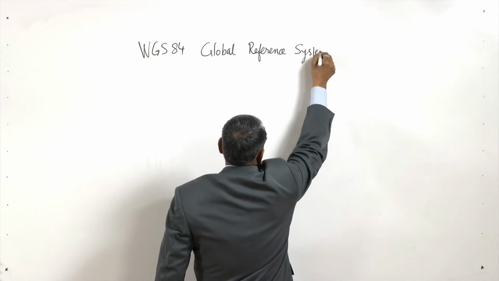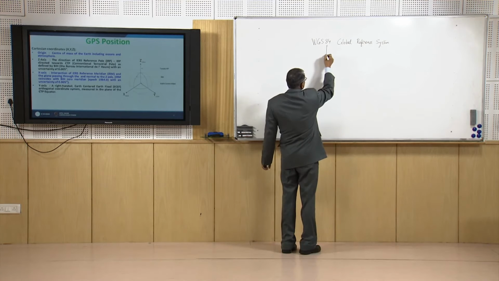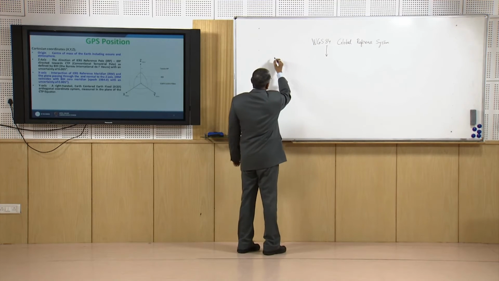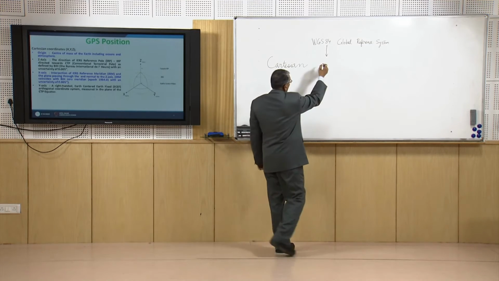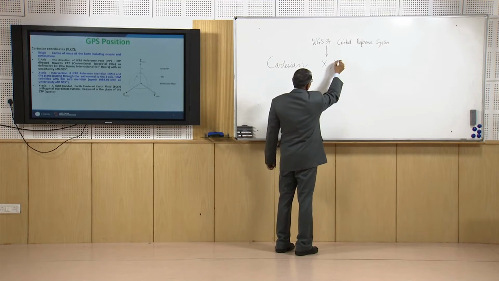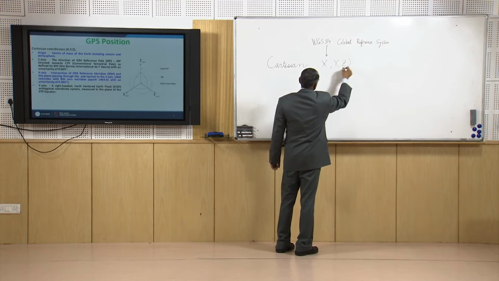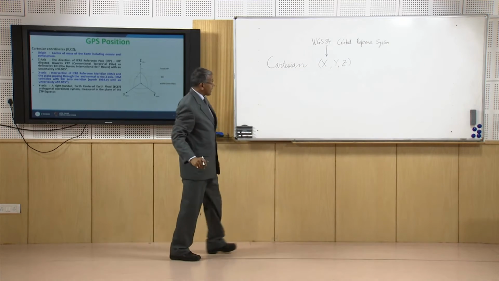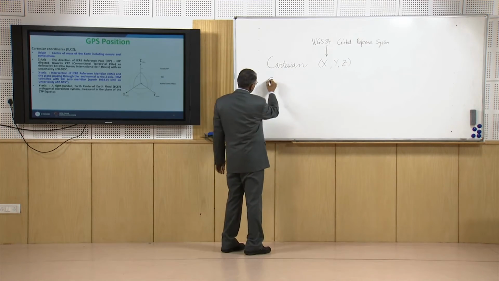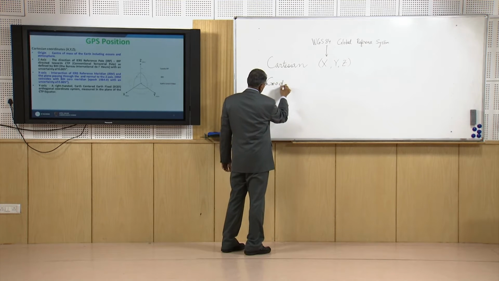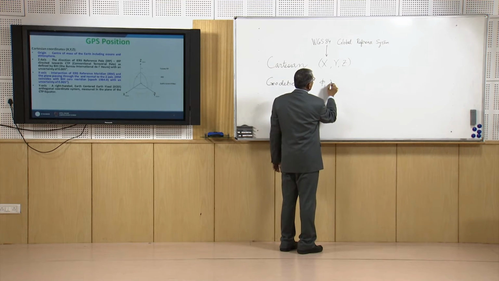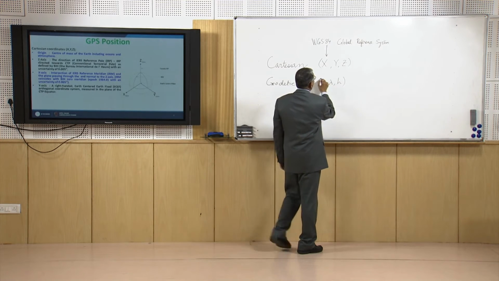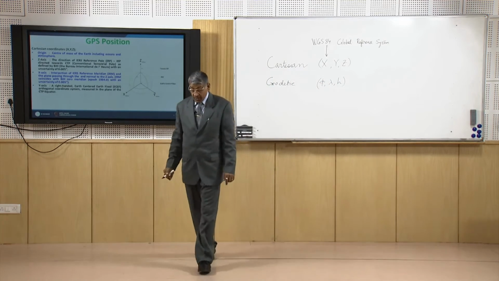The position of any point under this reference system may be given in two ways. One is Cartesian, and as you know, Cartesian coordinates are defined by x, y, z, and it may be geodetic, so it is latitude, longitude and height above the reference surface.